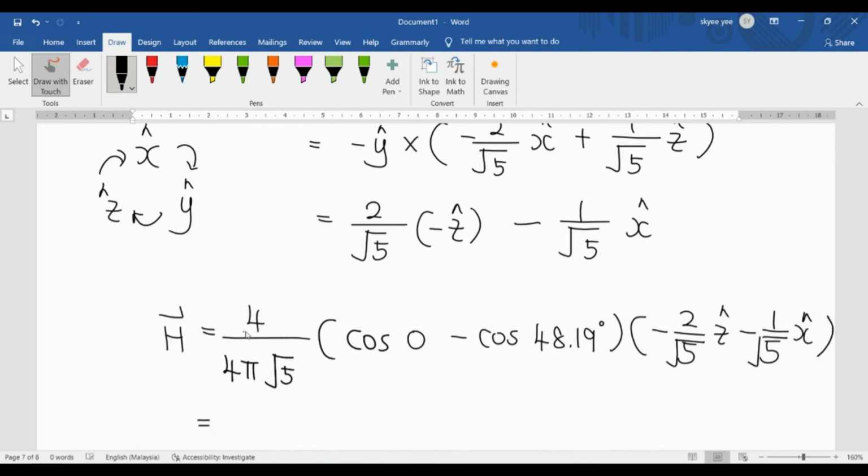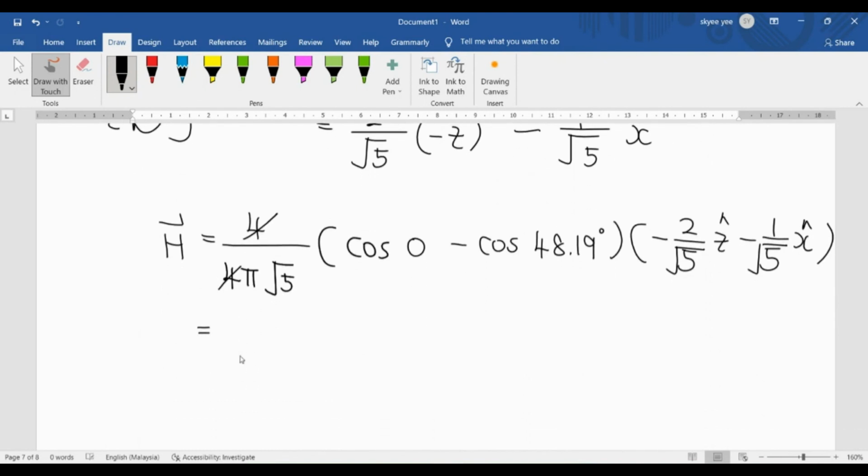So this thing you can cancel it. So you have a negative cos 0 minus cos 48.19, giving 0.042 z, minus 0.042 x ampere per meter.